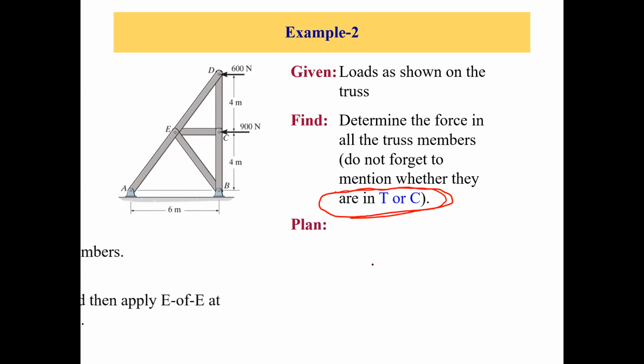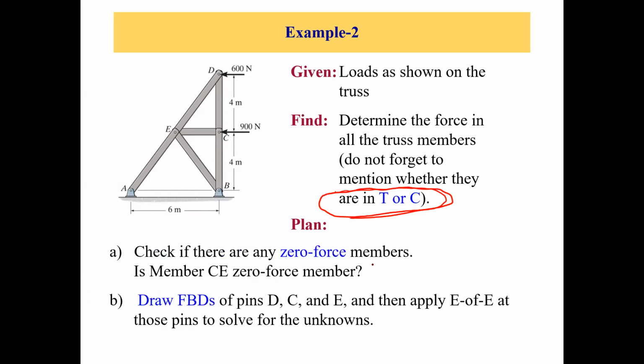Okay, now how do we go about this? Check if there are any zero force members. Draw free body diagrams of pins D, C, and E, and then apply equations of equilibrium at those pins to solve for the unknowns. We already know these steps, right?